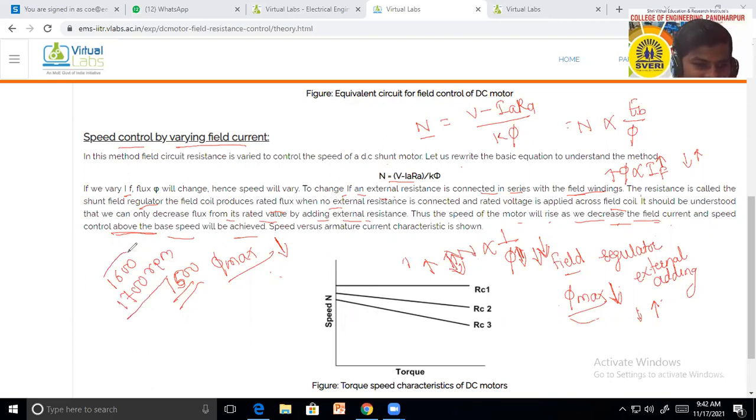If the speed increases, we can control the speed of the DC motor above the rated speed, above the rated speed, by using the speed control by varying the field current technique.